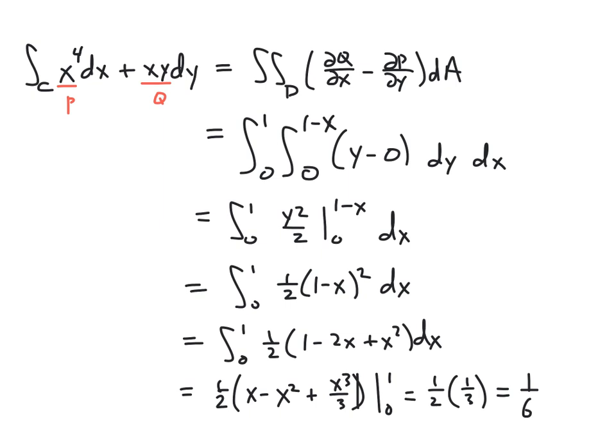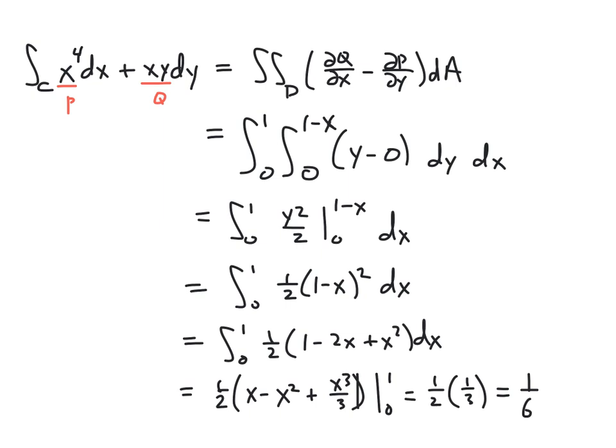If you want, I'd encourage you to try to compute the line integral directly. You'd have to compute for each of those 3 sides of the triangle. You'd have to find a parameterization for each. That's not hard to do. Then you'd substitute that into the vector field and compute that integral. You'll see it's not terribly difficult, but you do have to compute 3 different line integrals and then add those together.